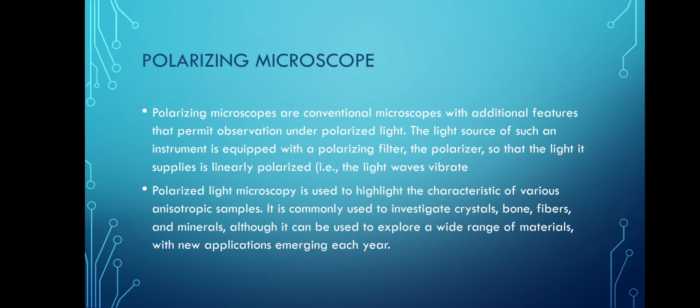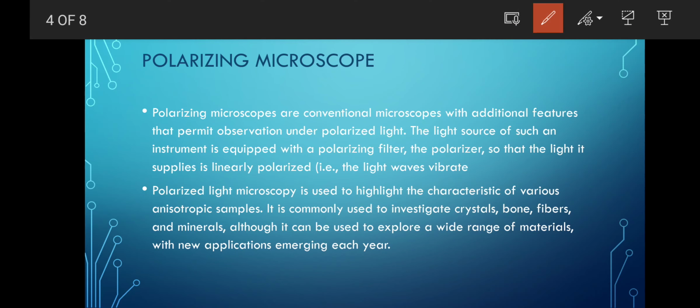Then the polarizing microscope. Polarizing microscopes are conventional microscopes with additional features that permit observation under polarized light. Here a polarizing filter is added. The light source of such an instrument is equipped with a polarizing filter, the polarizer, so that the light it supplies is linearly polarized.